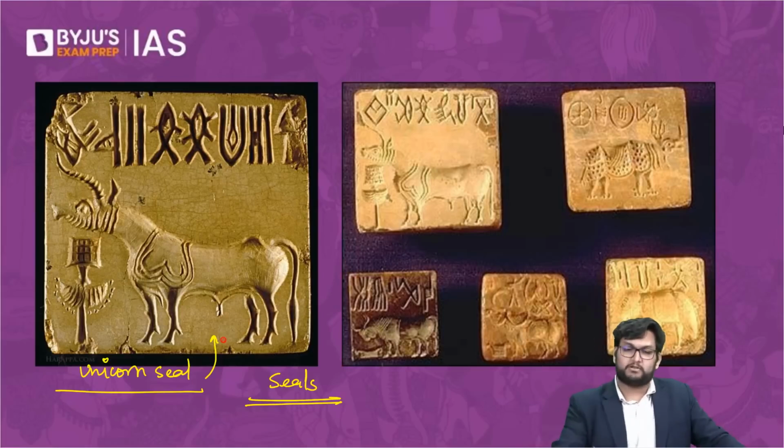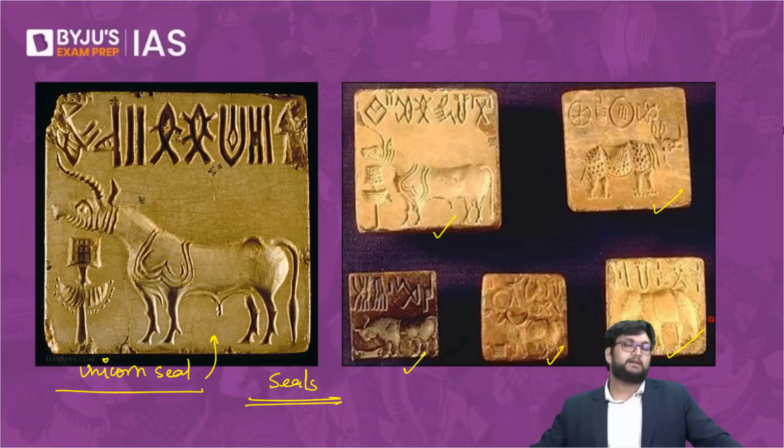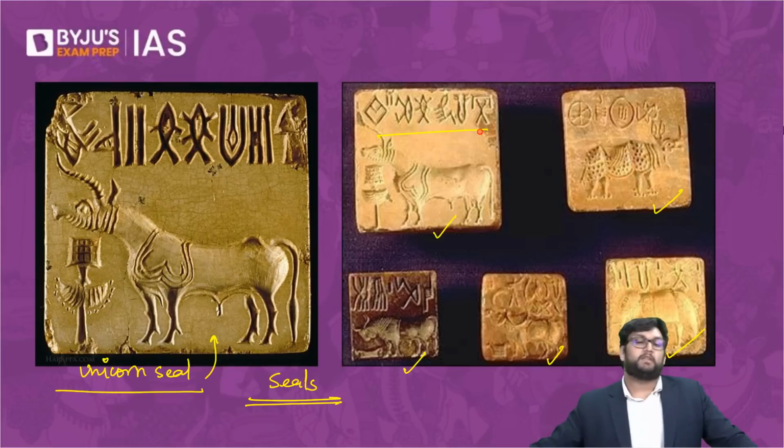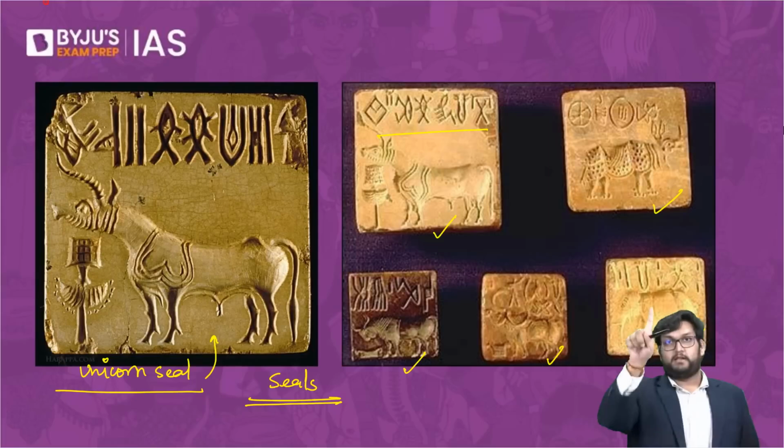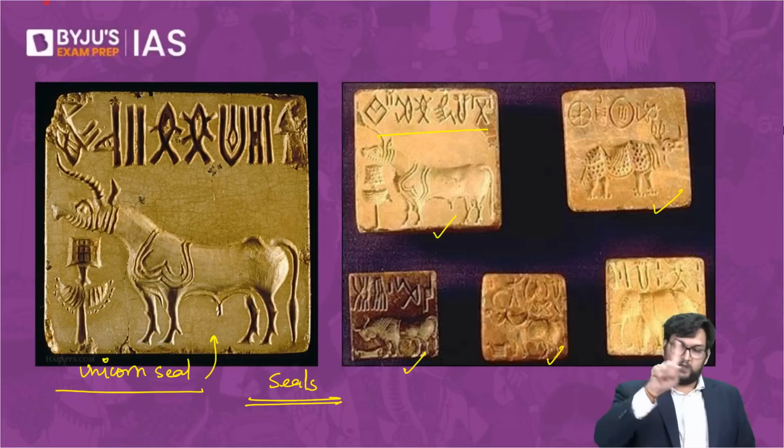We have other seals also, wherein you have the bull seal, you have the rhinoceros, you have the again bull, you have the humpless bull, you have the elephant. But this one is the most remembered with certain inscriptions which we don't know what it means. This is called unicorn because it is believed that it has one basic horn.